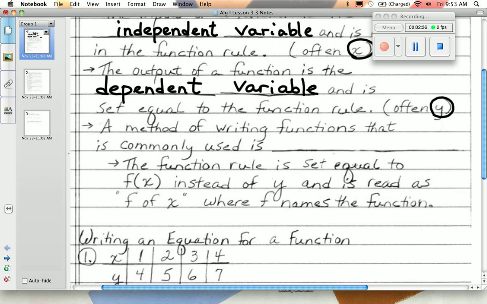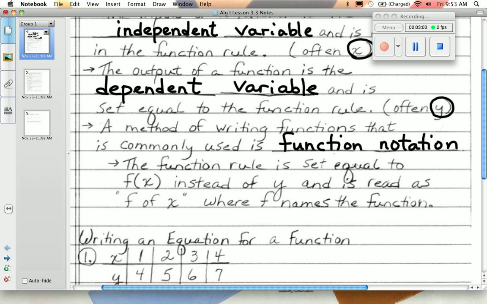But sometimes they like to use a different way of writing functions, and that's called function notation. When you see function notation, you know this represents a function. We cannot use function notation if it's not a function.